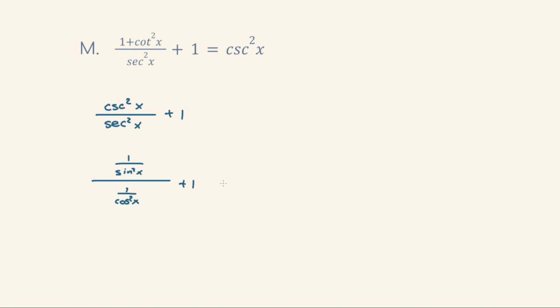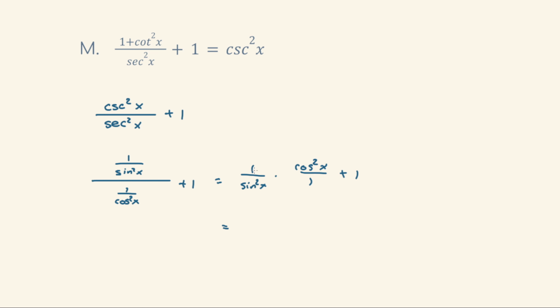Plus 1. Instead of dividing by 1 over cos squared x, I can multiply by cos squared x over 1, right? So let's write this as 1 over sine squared x times cos squared x over 1, plus 1. We're multiplying fractions here. The top multiplies the top, the bottom multiplies the bottom.